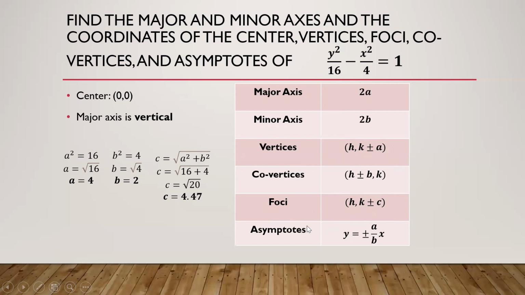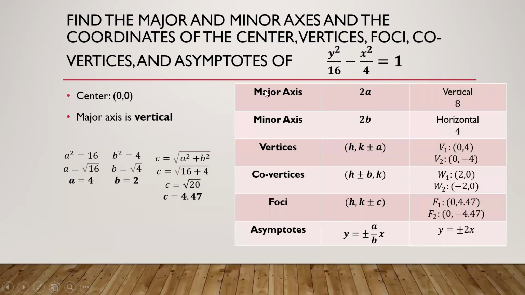For our asymptotes, since the center is at the origin, you can just use this. So that's y equals plus or minus a over b, because again, y squared came first. For our major axis, that's vertical, 2a. So that's 2 times 4, that's 8.